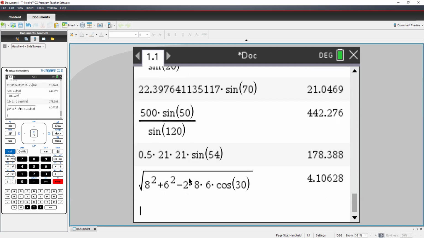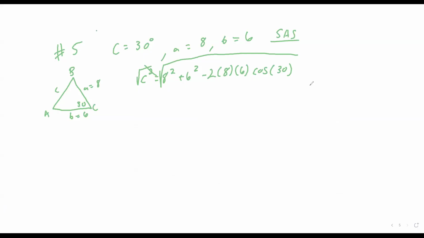And there you go. You now have C. All right, so I'll come over here and I'll write little c is equal to 4.1.